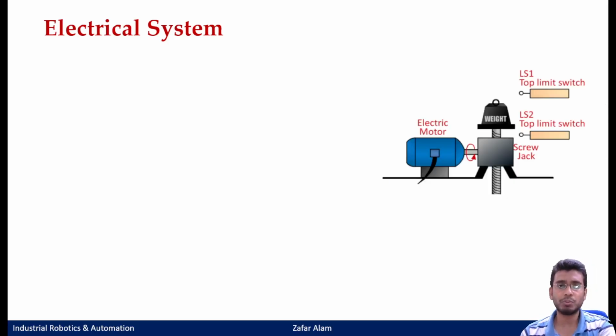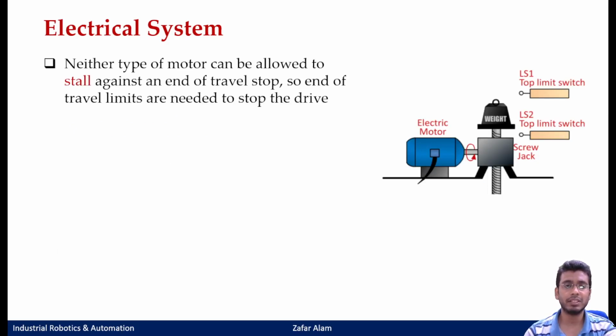Fine. What would be a second limitation of these electrical systems? The stall of the motors. When the weight has been lifted up to its designated height of 500 millimeters, the motor has to stop, right? So the travel limits have to be detected here.